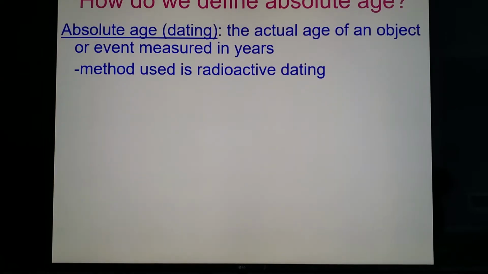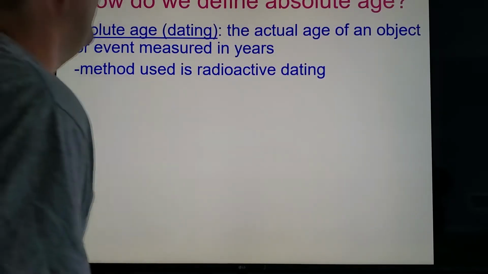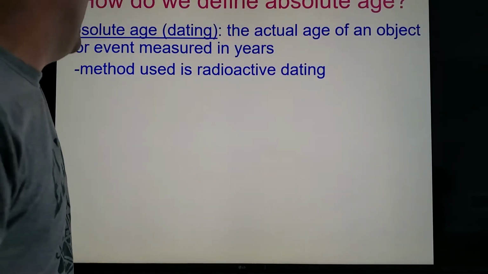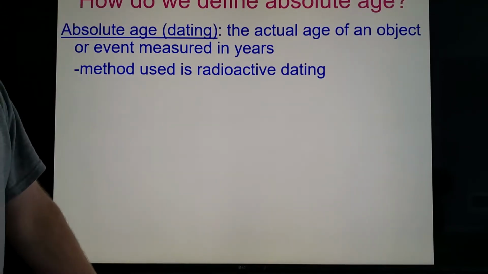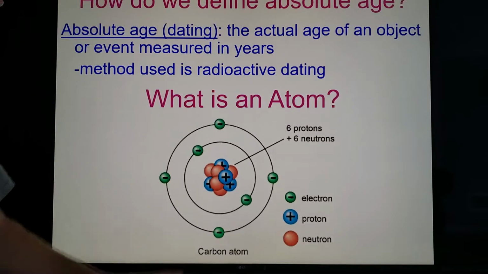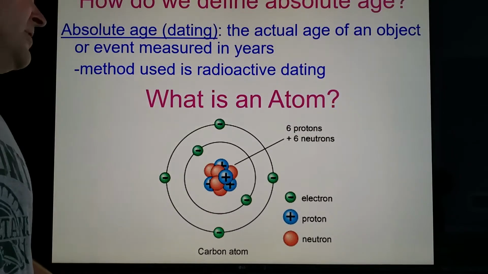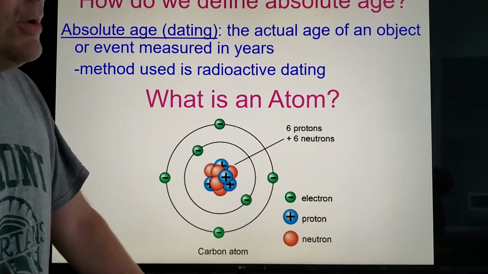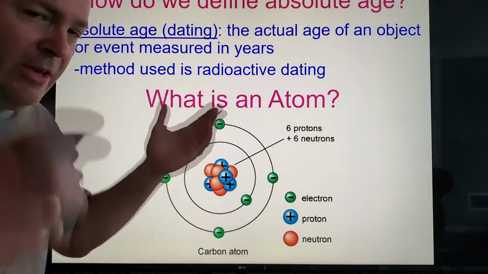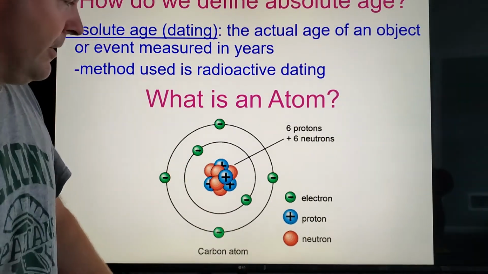All right, how do we define absolute age? There it is, the actual age of an object in years. And the method, of course, is called radioactive or radiometric dating. It starts out with the atom. You've all heard of subatomic particles, right? Protons, neutrons, electrons. Well, some atoms are stable and they'll stay that way for all eternity. But others are not happy.